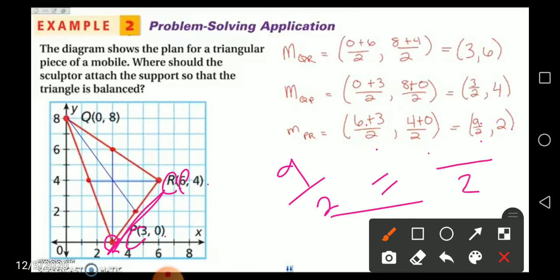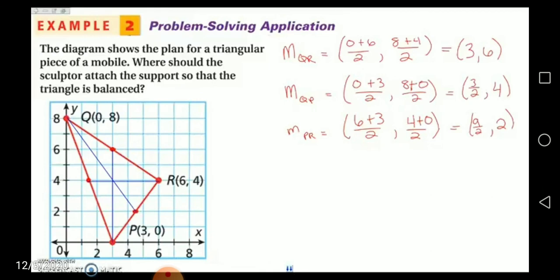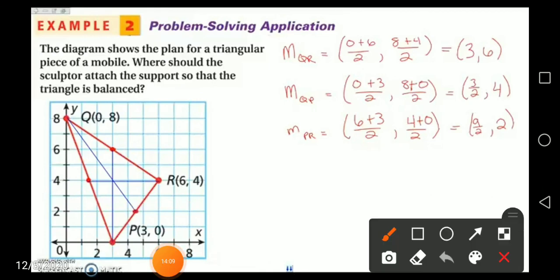The denominator is the same. 9 divided by 2: the nearest is 8 divided by 2, which gives me 4. The whole is 4, and the difference between 8 and 9 is 1. So 4.5. I'm going on the x-axis to 4.5. Where is 4.5, guys? 4, and this is 4.5. And go up 2 until here. So this is my midpoint.